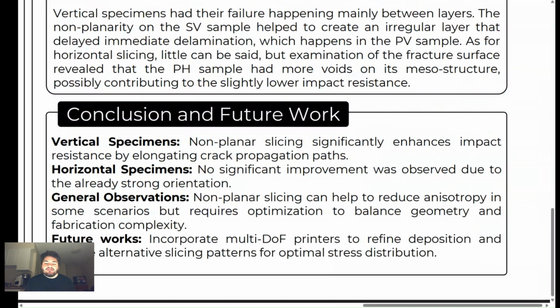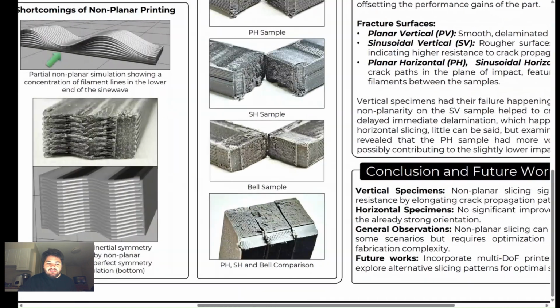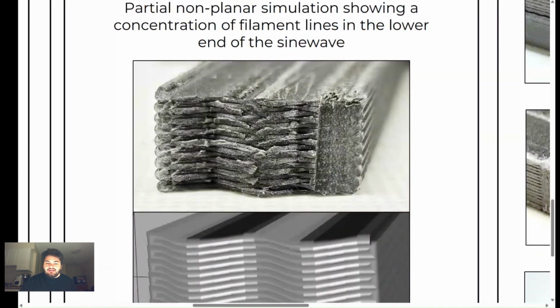And for future work, by incorporating multi-degree of freedom capacities in our printers, we could help to reduce this kind of error and understand if this increase in properties is due to the machine not being able to replicate my slicing correctly and thus making a rougher surface, which by chance helps in the mechanical properties.